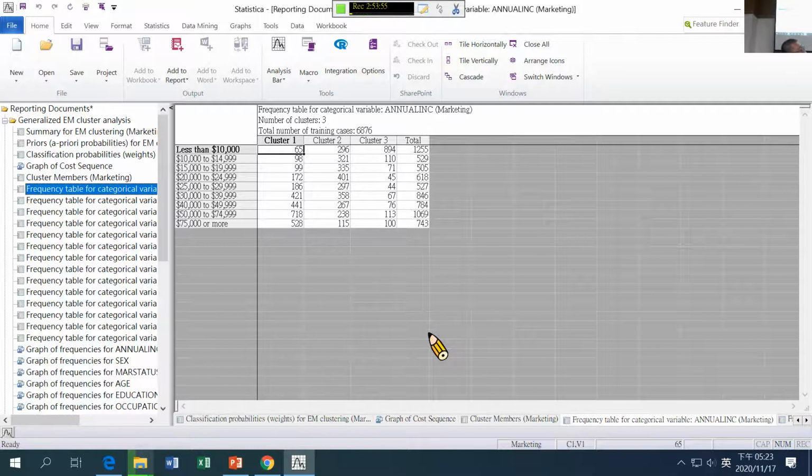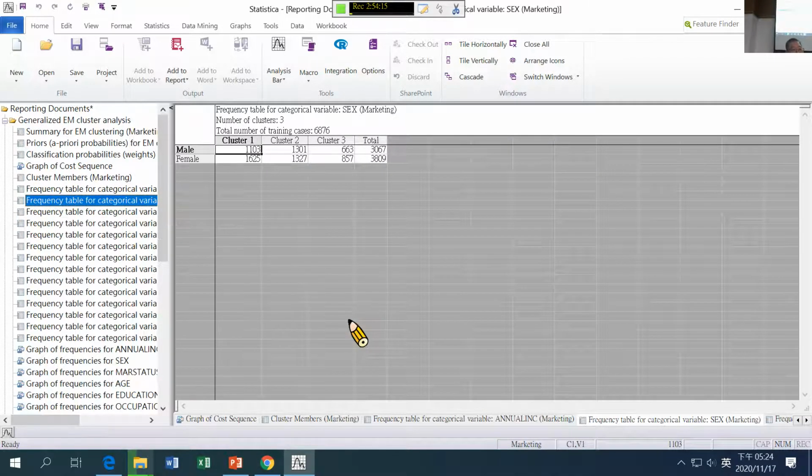Something like whether the row is related to your column or not. Do you remember chi-square, right? You know what I mean? Yeah. 好，另外一个变数是什么？Yes. Is class related to your male or female?